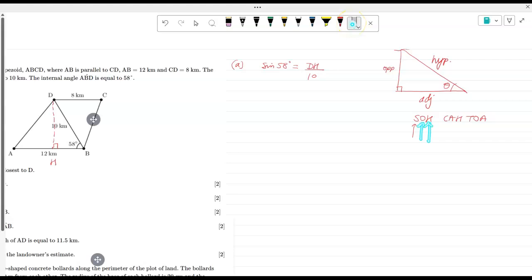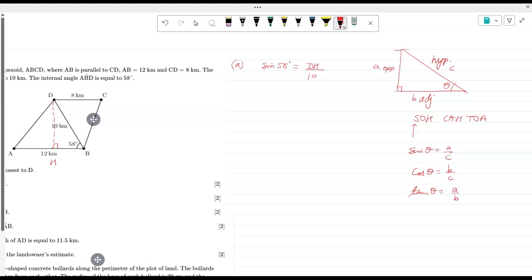So you're getting an equation with one unknown. Suppose I call the sides A, B, C. Sine theta is equal to A upon C. What is your cos theta? Adjacent over hypotenuse, so B upon C. What's your tan theta? Opposite over adjacent, so A upon B.